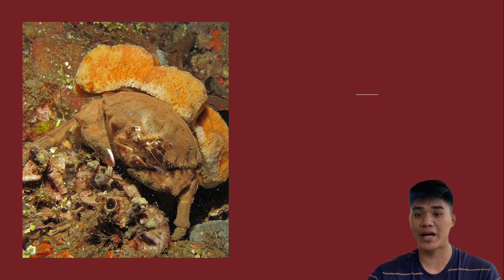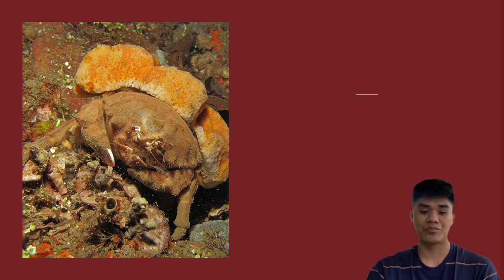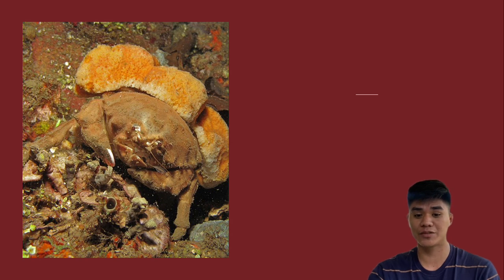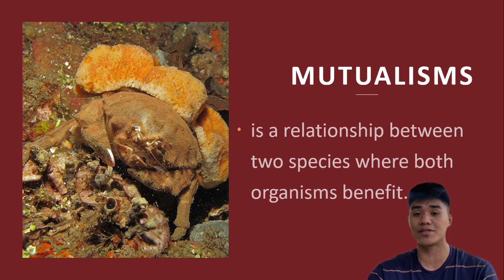It gives it camouflage from the predators that might eat it. So this interaction is called mutualism. Mutualism is a relationship between two species where both organisms benefit.